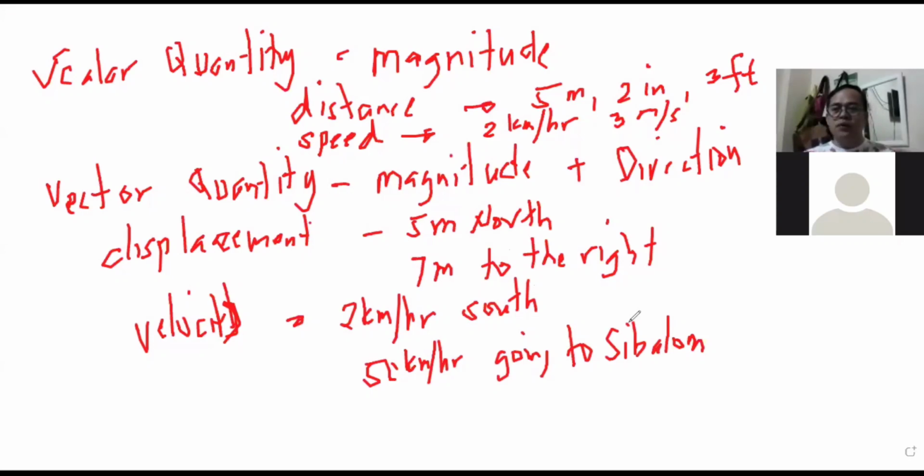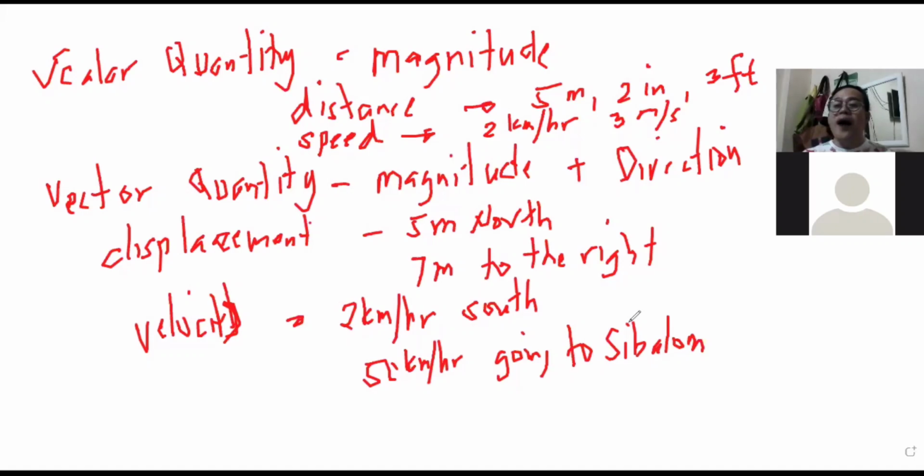As we go on with our physics lessons, we will be dealing with many quantities like forces, work, power, pressure, density, luminous intensity, luminous flux, resistance, voltage, and capacitance.